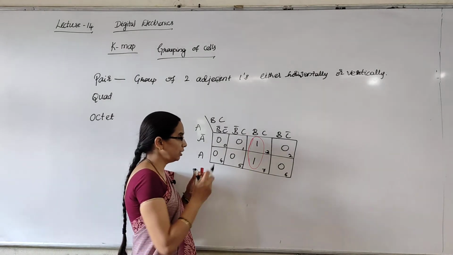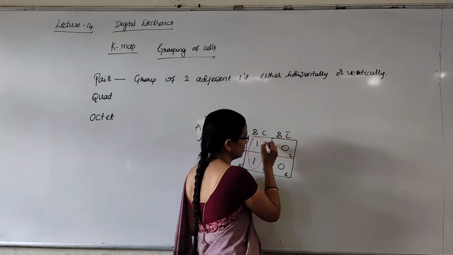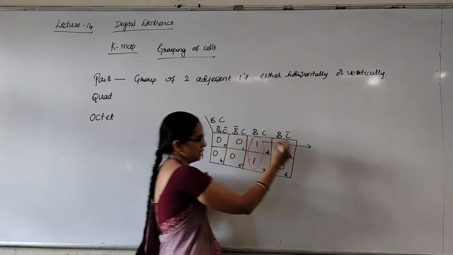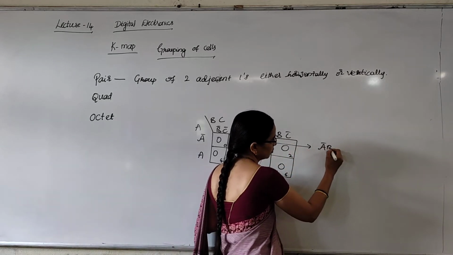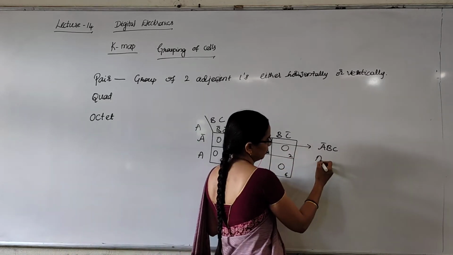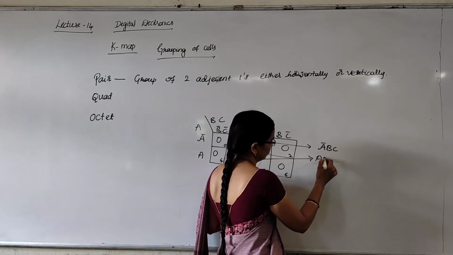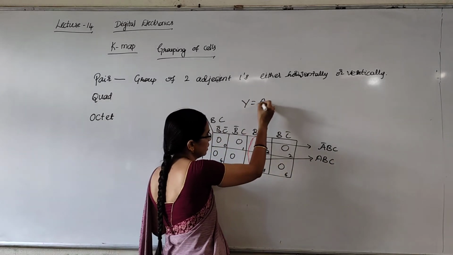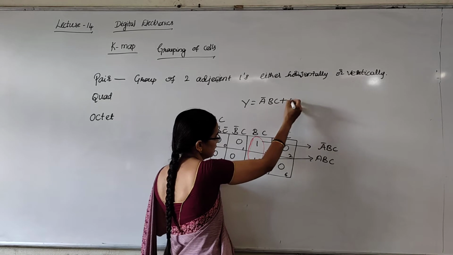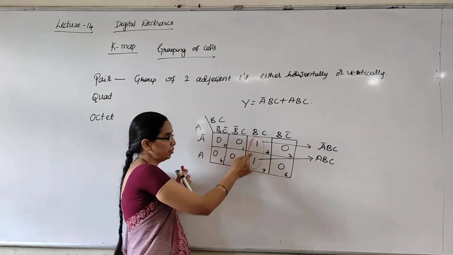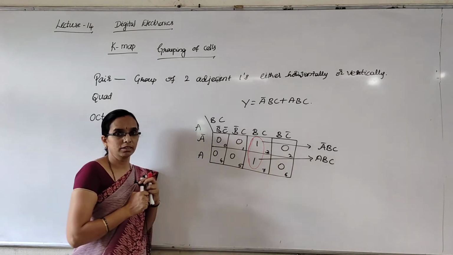See, actually this one represents A bar BC and this one represents ABC. If I have a Boolean expression A bar BC plus ABC, then my K-map representation will be this one, right?